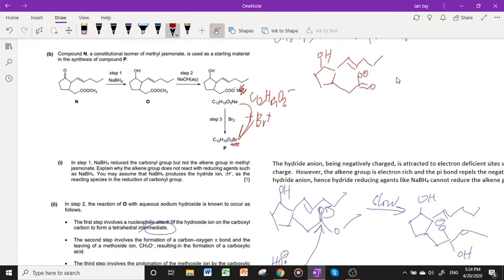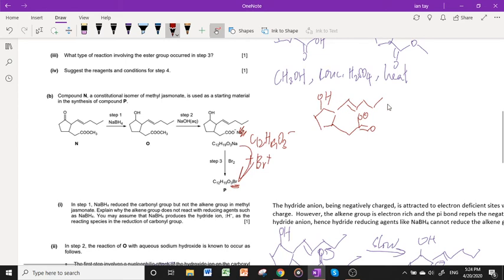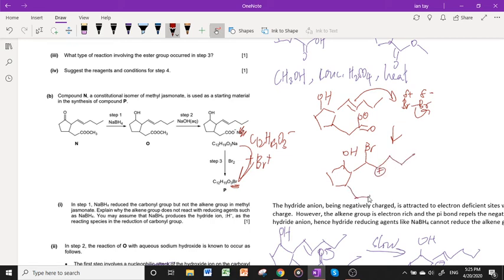So okay, first the Br2 will approach. Then what will you get? Okay, we are not sure which carbocation is more stable. Because both of them are secondary carbocations, irrespective of which carbon atom the Br bonds to.